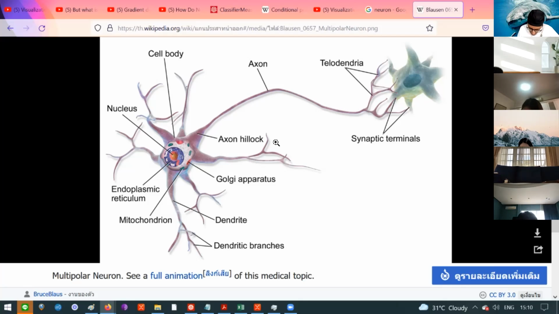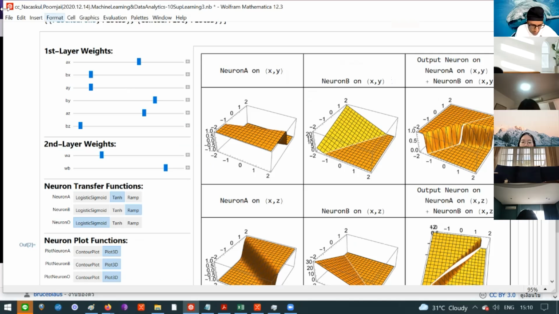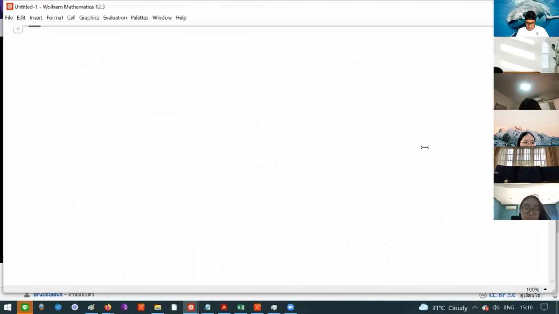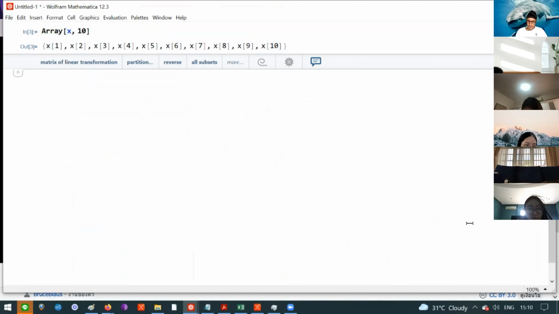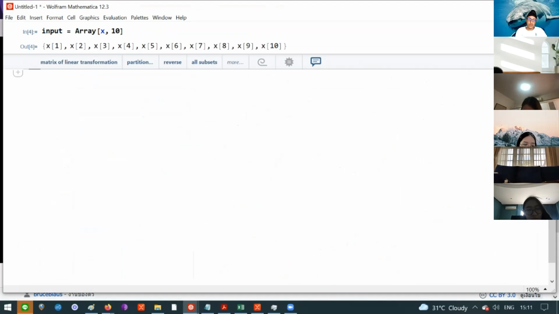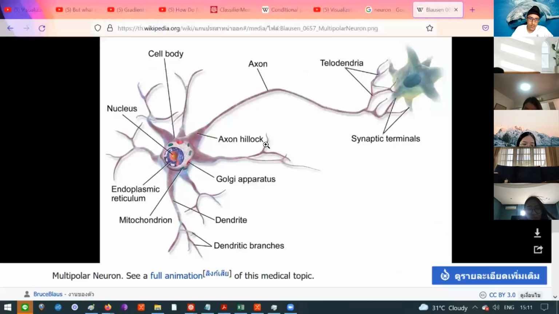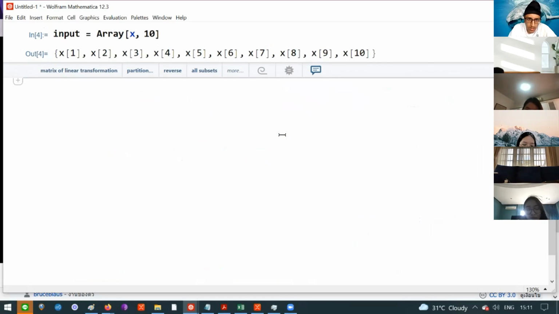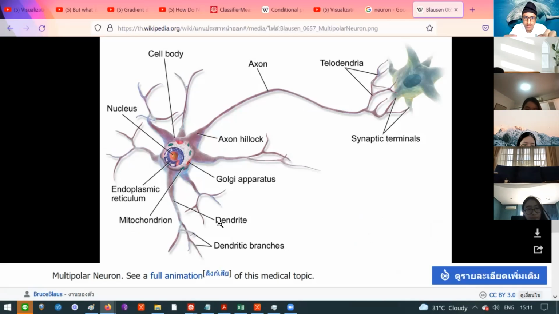Okay, you have 20 inputs. Okay, this is your input. Look at this picture and look at this picture. The same thing. I have input, 20 of them.